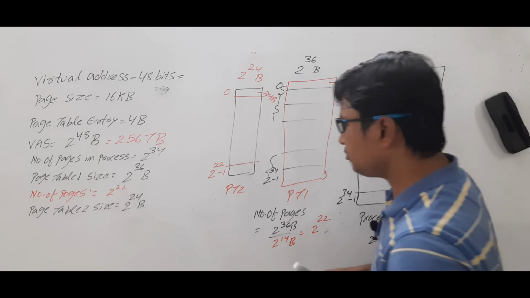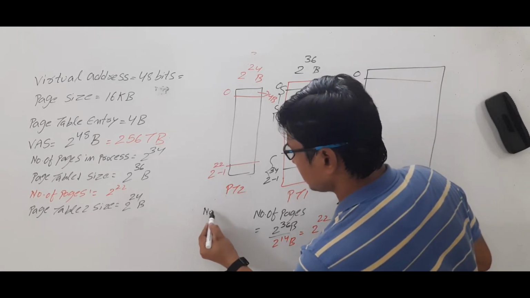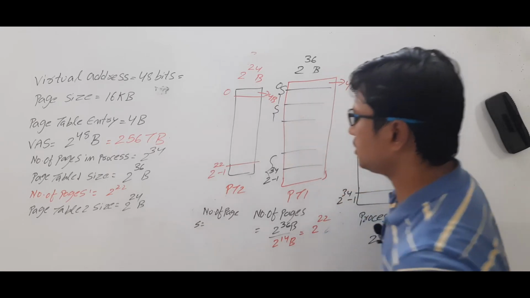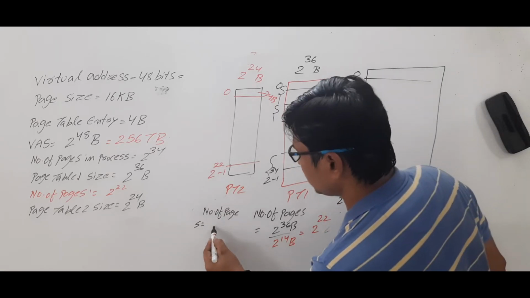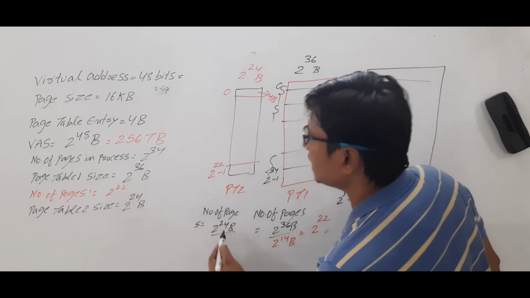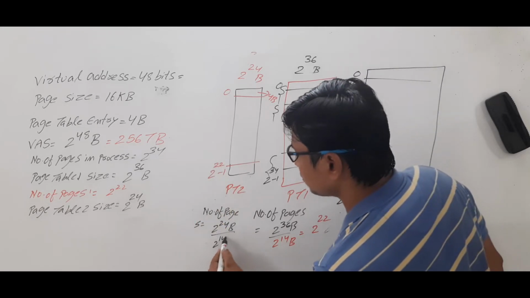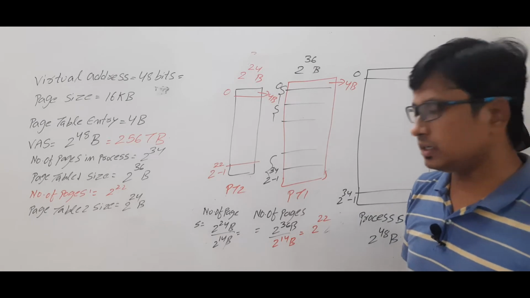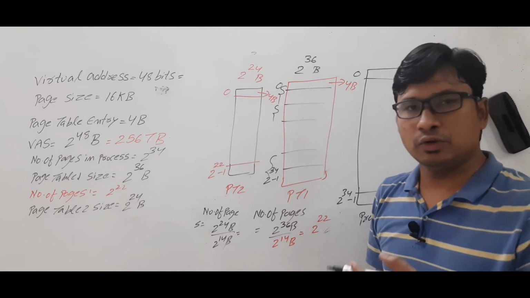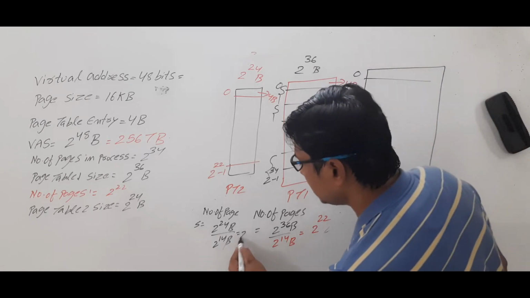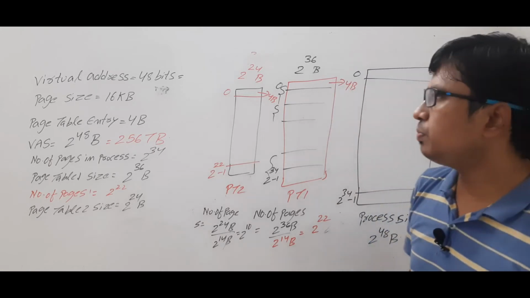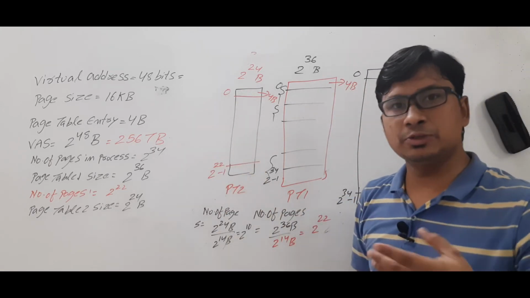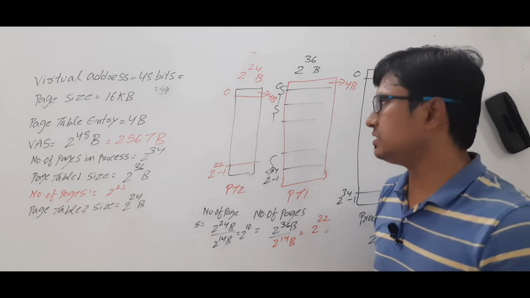So the number of pages is equal to page table 2 size, which is 2 power 24 bytes, divided by page size, which is 2 power 14 bytes. So bytes and bytes will be cancelled. 2 power 24 by 2 power 14, 24 minus 14 will be 2 power 10. So 2 power 10 entries will be there, and you will split page table 2 into 2 power 10 pages.